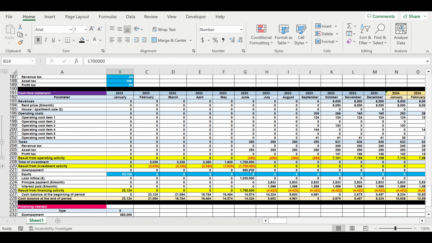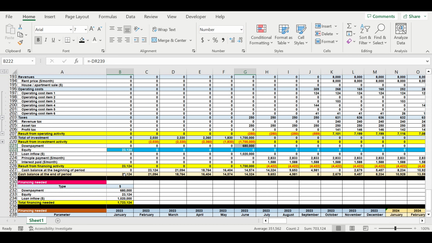We just put this amount of down payment plus this amount of financing of operating losses. And we need to calculate two payback periods, and this will be the focus of today's exercise.